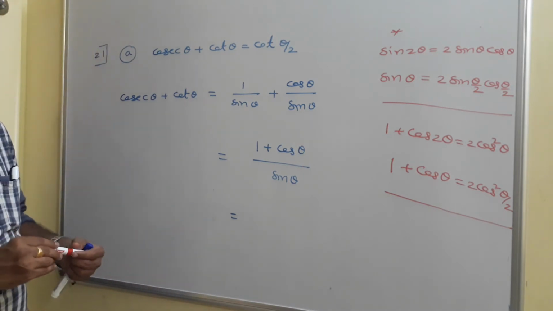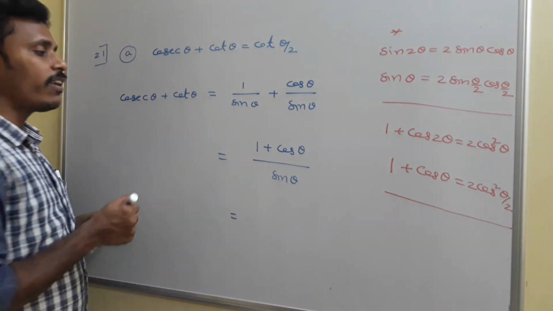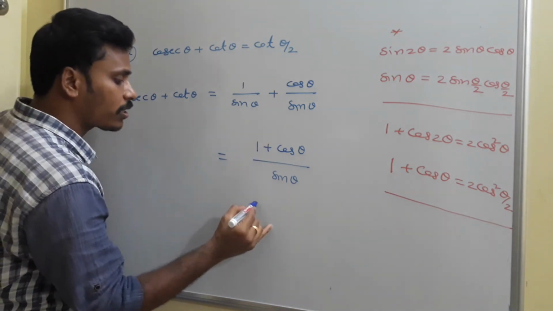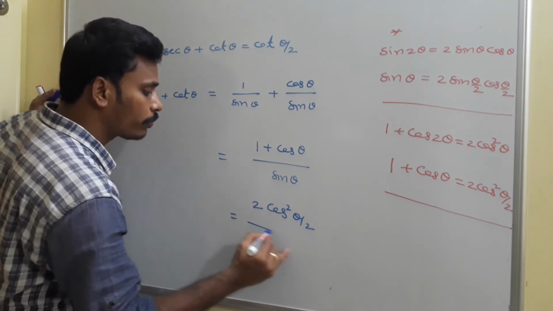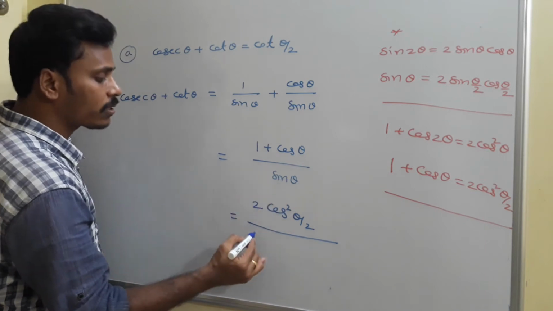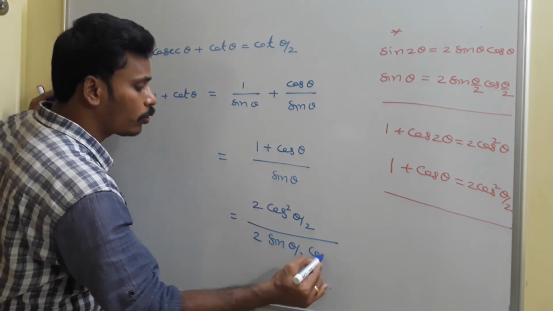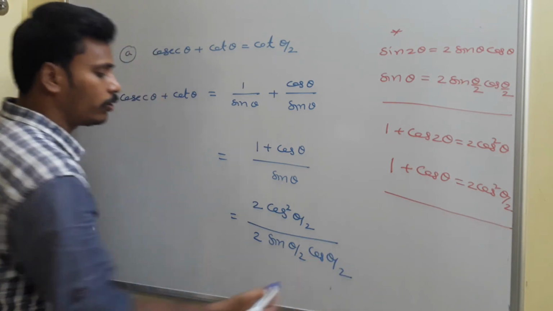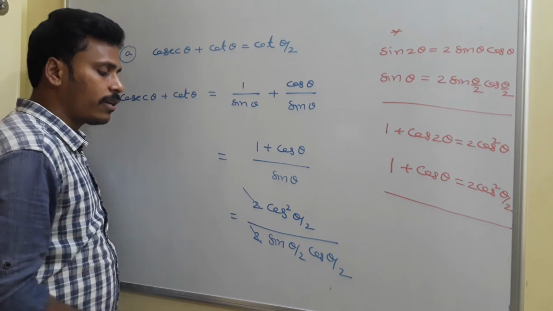And with that, this 1 plus cos theta by sin theta, I can rewrite it like this. This 1 plus cos theta is 2 cos square theta by 2. And in the denominator, this sin theta can be written as 2 sin theta by 2 and cos theta by 2. And now you just look there, 2, I can cancel it.